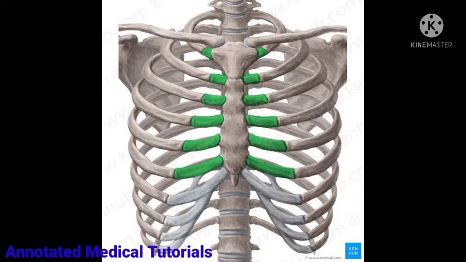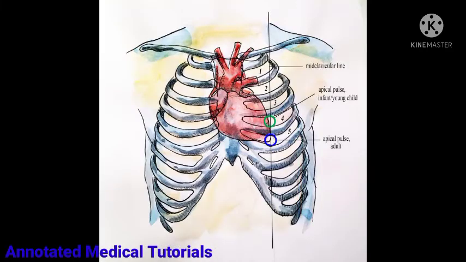So from there, if we locate it, just below it we find the second intercostal space. Then we say second, third, fourth, fifth, going in the left direction, and when we reach the fifth intercostal space, we should find the mid-clavicular line. That's the position where we find the apex beat of the heart. It's in the fifth intercostal space, mid-clavicular line.